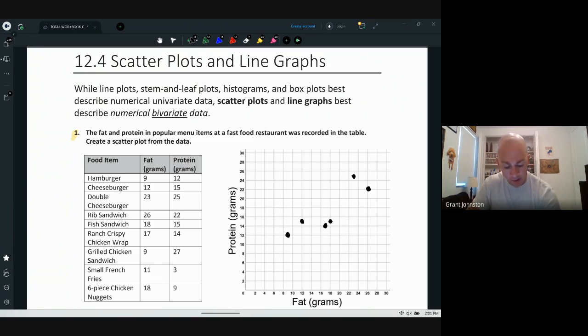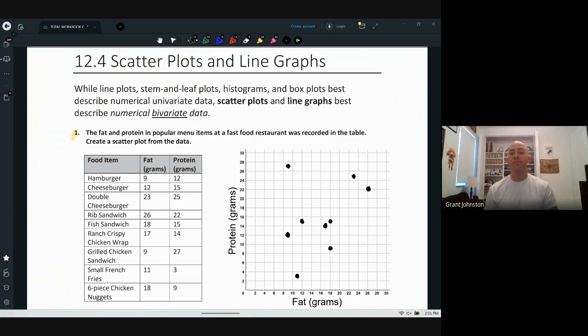Grilled chicken sandwich, 9, 27. Jeez. So that's probably an outlier. Small French fries, 11, 3. Oh, that one's maybe an outlier too. I don't know. 6-piece chicken nuggets, 18, 9. Okay, that's a scatter plot.